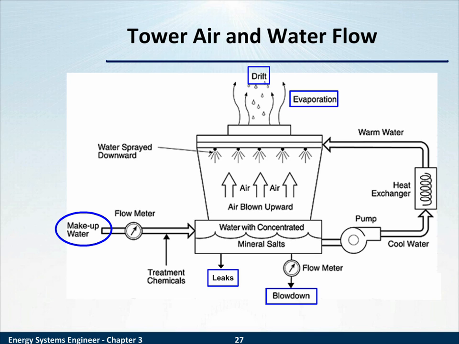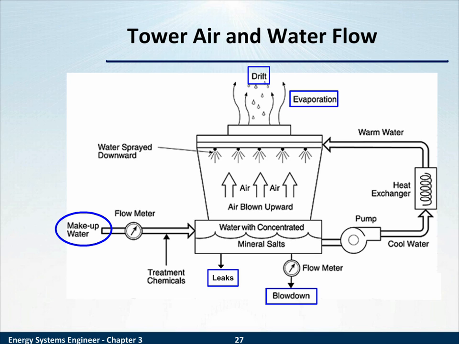Water can get out through blowdown, and that is as the water is reused in a cooling tower and it becomes too saturated with the hardness in the water or the corrosive elements in the water, it needs to be removed. It can also evaporate, which is the primary function of the cooling tower, the evaporation of water.